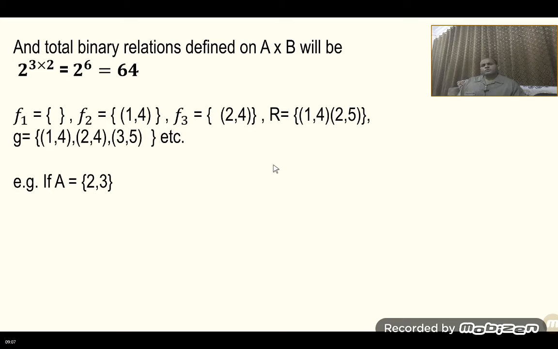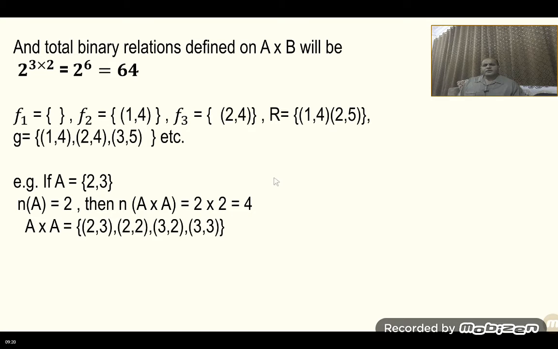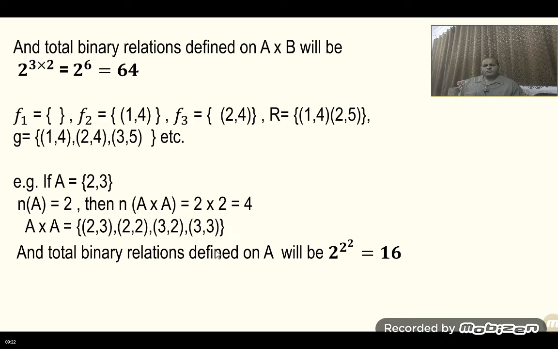Now if we have just one set, say A is equal to {2, 3}, the number of elements in A is 2, and the number of elements in A cross A will be 2 squared, which is 4. The total binary relations on A cross A will be 2 to the power 2 square, which means 2 to the power 4, which means 16 binary relations will be there.